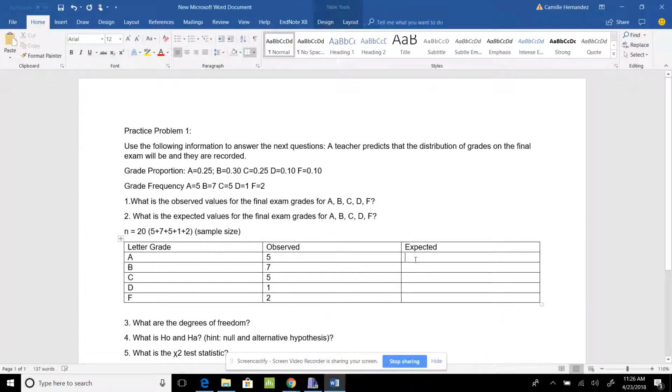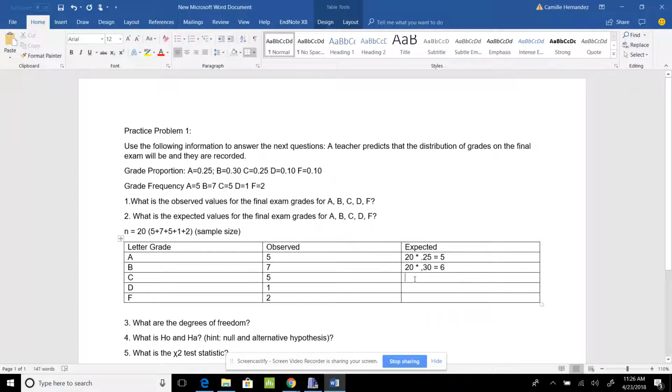All right, here we go, expected. To get the expected for A, I'm going to do the sample size, which is 20, times 0.25 to give me 5. For B, it's going to be 20 times 0.30 to get 6.